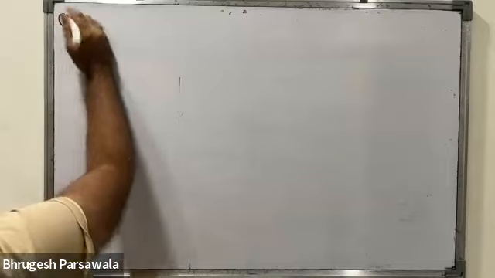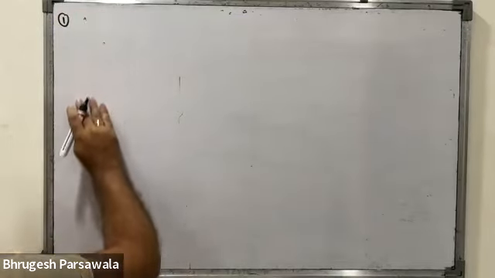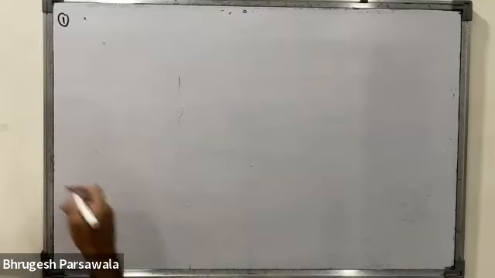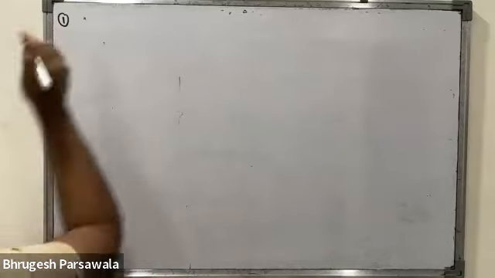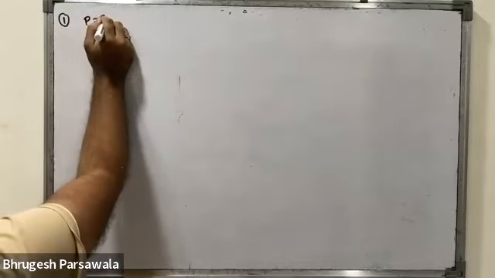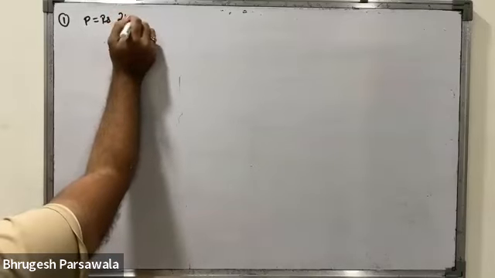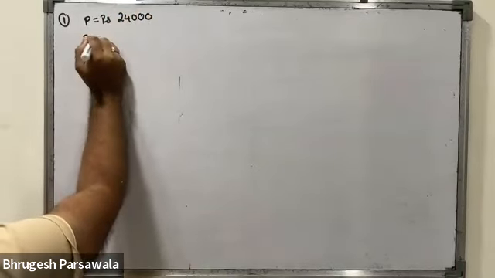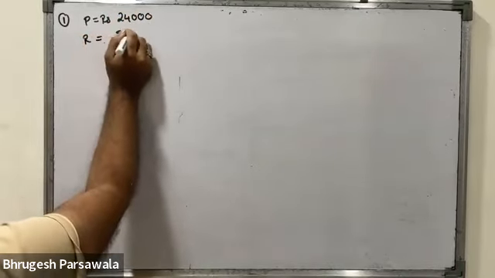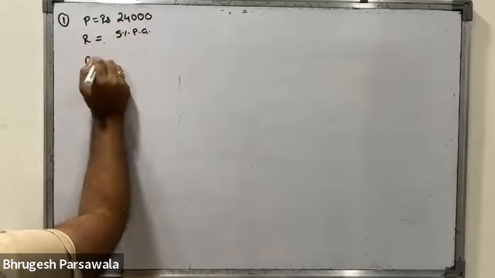First, Arun borrows rupees 24,000 from Brian at SI for 2 years and immediately lends out this money to Chand for 2 years, compounded annually. What is the principal? 24,000. What is the rate? 5% per annum, for 2 years, beta.